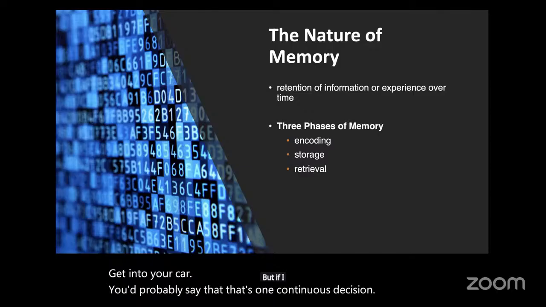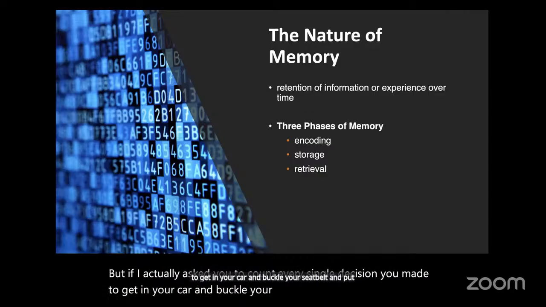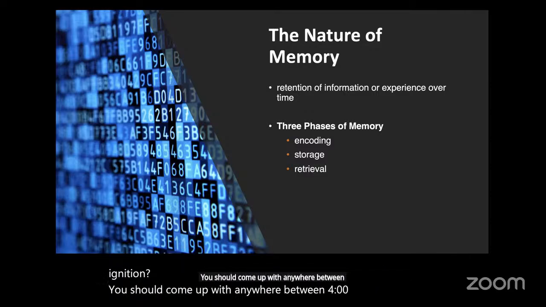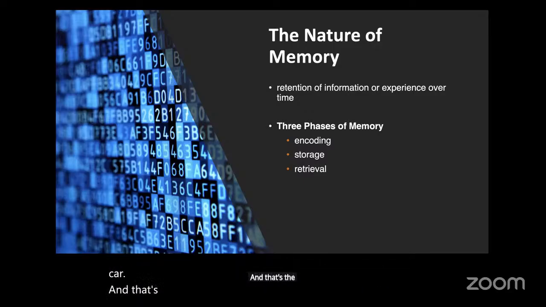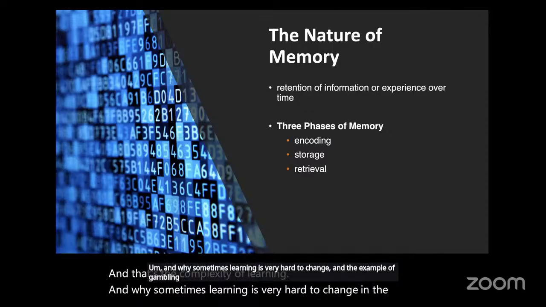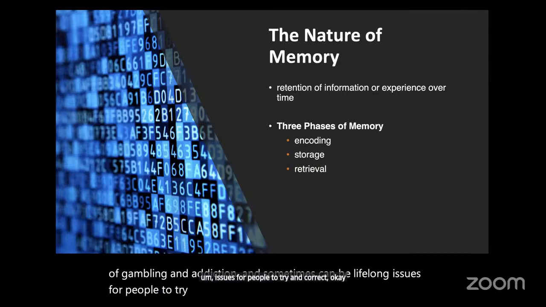But if I actually asked you to count every single decision you made to get in your car and buckle your seatbelt and put your key in the ignition, you should come up with anywhere between 450 and 700 different individual decisions that you make just getting into your car. And that's the complexity of learning, and why sometimes learning is very hard to change, in the example of gambling and addiction, and sometimes can be lifelong issues for people to try and correct. But I just wanted to bring that up.